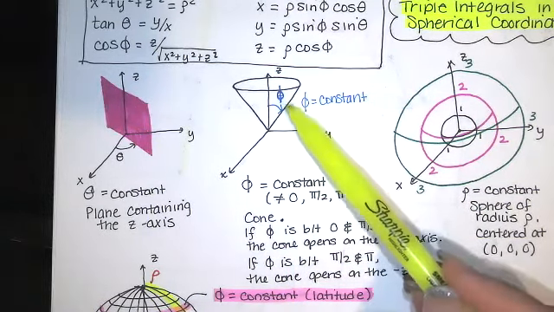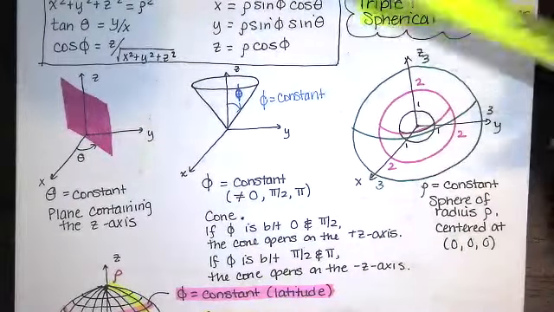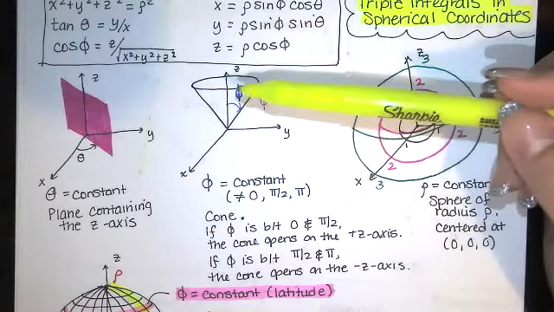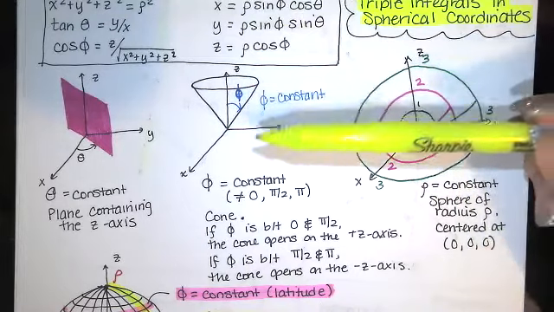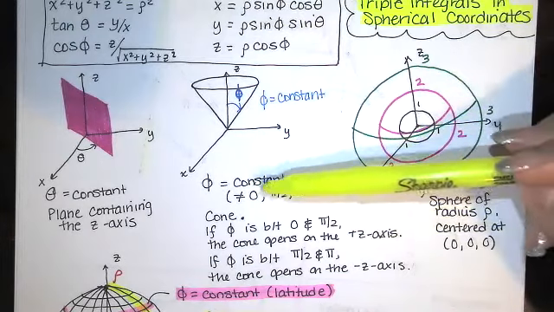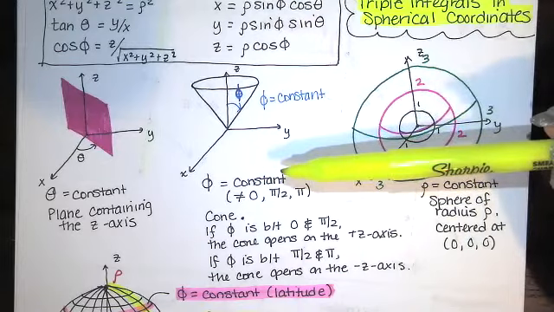Now phi in spherical coordinates represents an angle that's made with the positive z-axis. If phi is equal to a constant and that constant isn't 0 or pi over 2 or pi, those are special cases, we get a cone.